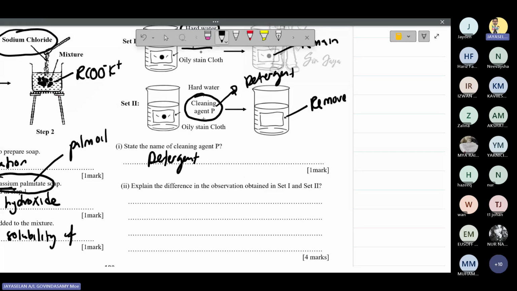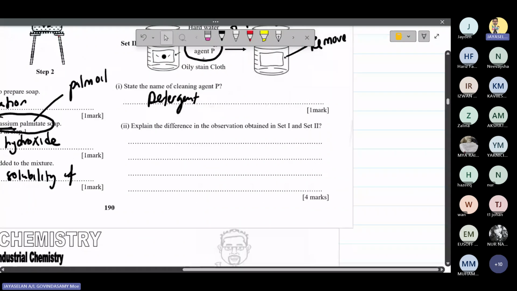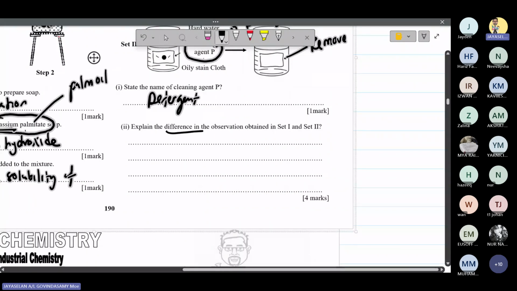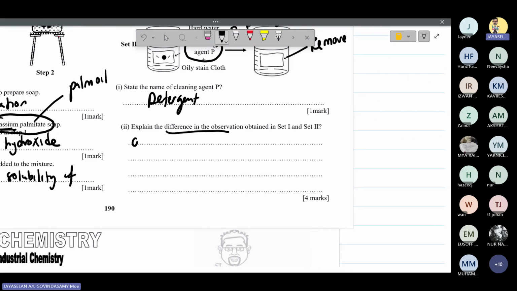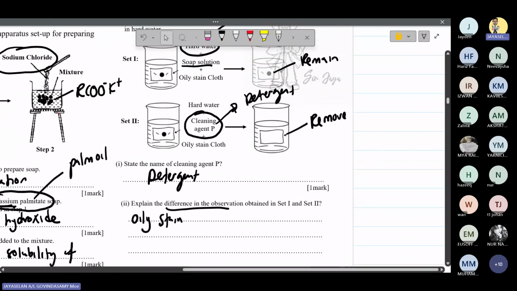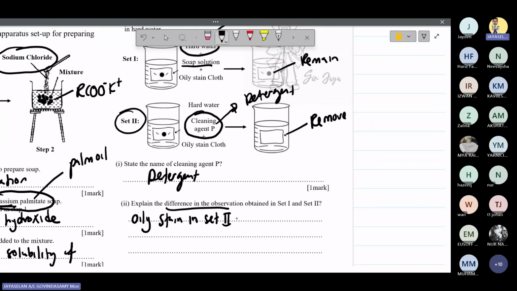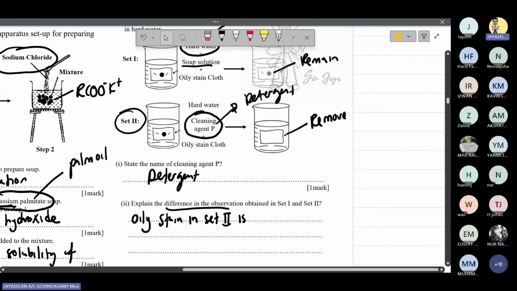Dia bagi 4 ni. Okay, can I explain the differences in observation? Mula-mula you kena compare observation. Okay, so macam mana nak compare? Oily stain. Okay, saya fokus pada set 2. Oily stain in set 2 is remove. Sebab saya nak fokus, saya nak pakaian saya tak nak kotor.